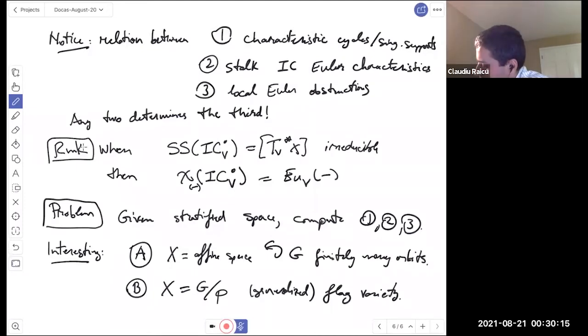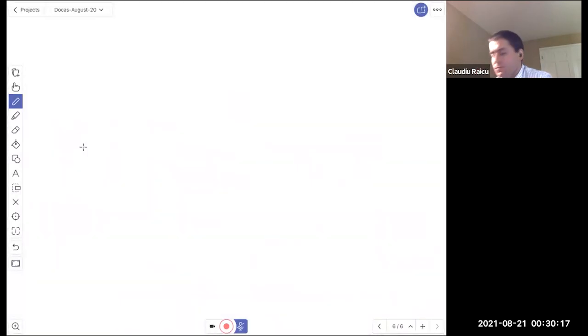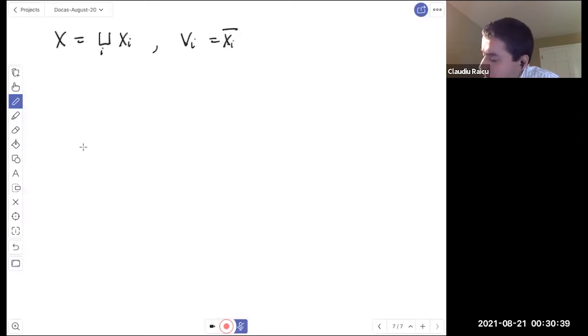Let me repeat myself one more time just to establish some more notation. Again, X is going to come with this nice stratification. I'll write V_i for the closure of the strata, and then d_i for the dimension.